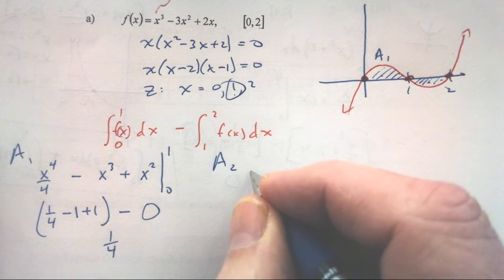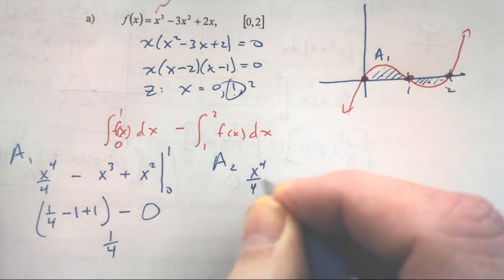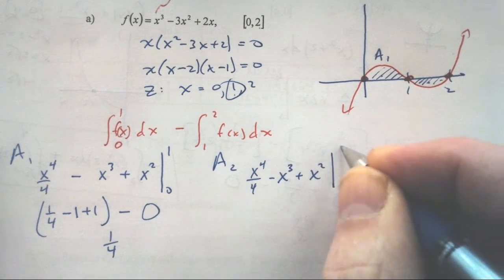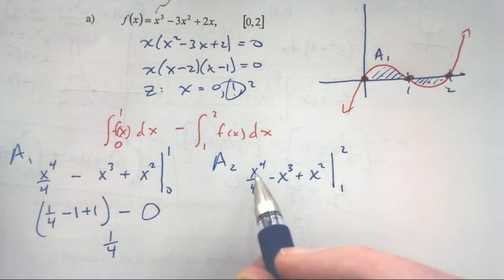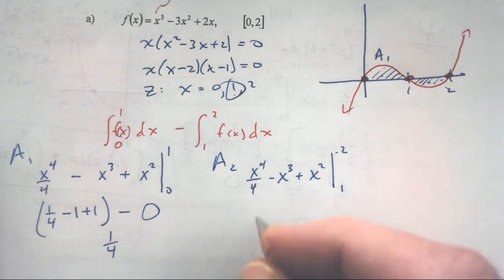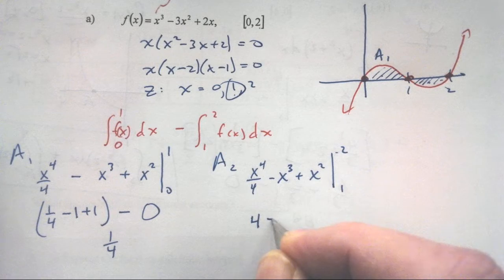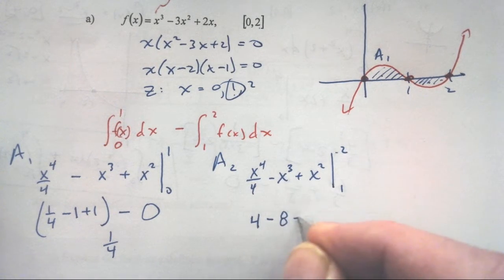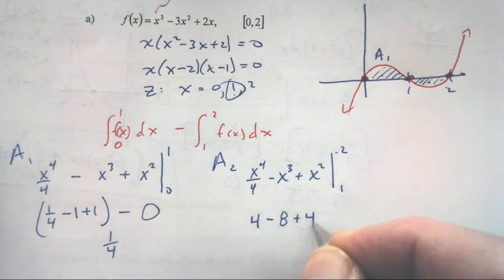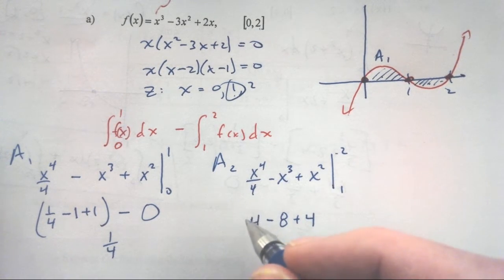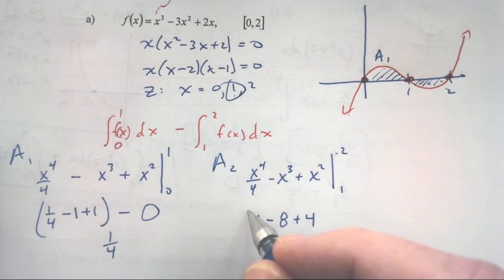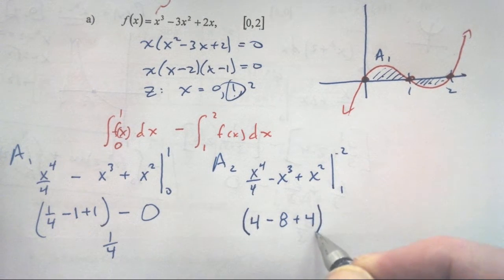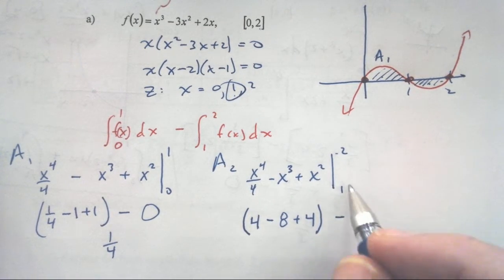Area 2, I want x to the 4th on 4 minus x cubed plus x squared, but now from 1 to 2. Put in 2, and I get 16 on 4 minus 2 to the 3rd, 8, plus 2 squared, 4. How about that? I've got area 0. Now, why was that not surprising? That's just the first part of it. Then we subtract, put in 1.